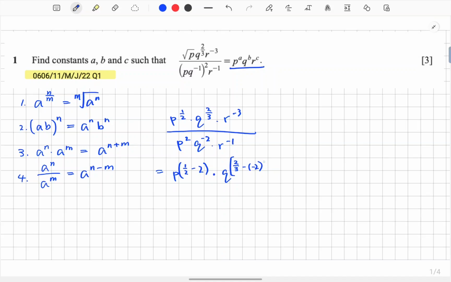This is a tricky part, because the operation is still subtraction, but you are subtracting a negative number which will later become positive. And multiply R to the -3 minus -1, and the same. This is tricky.